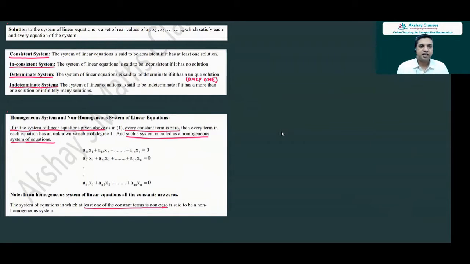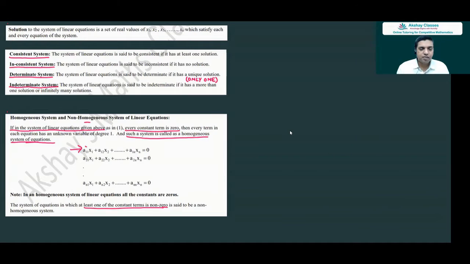Yesterday I explained why they are called homogeneous. Because in each and every equation, every term of the equation is of degree 1. So therefore it's a homogeneous equation.